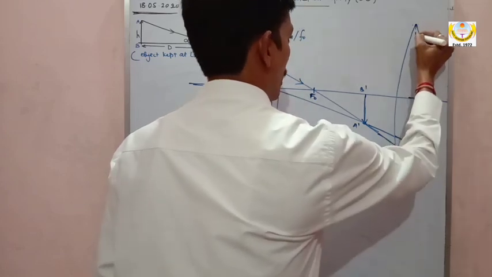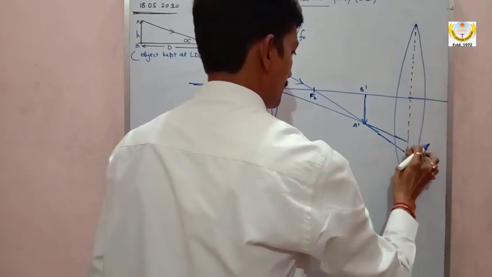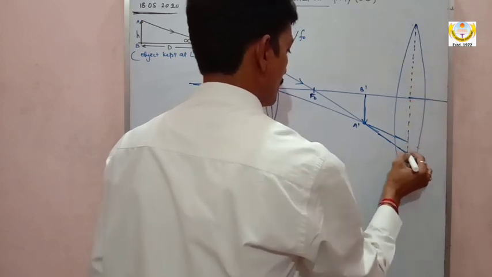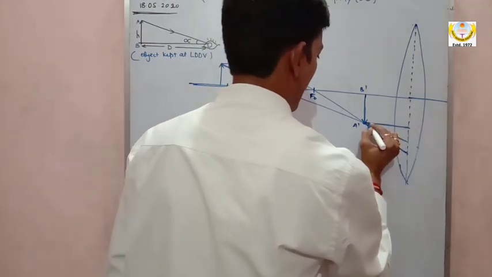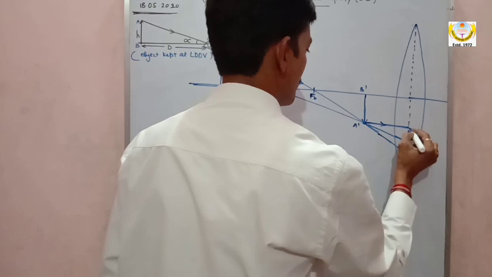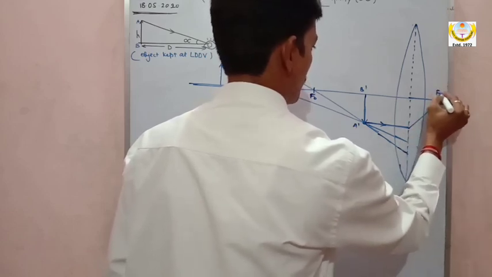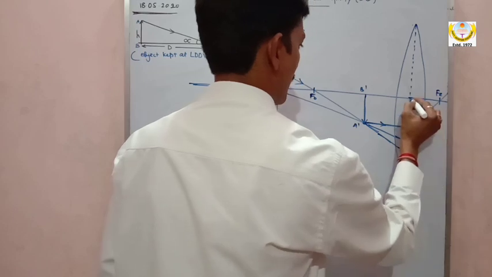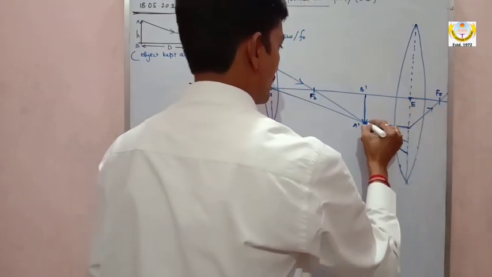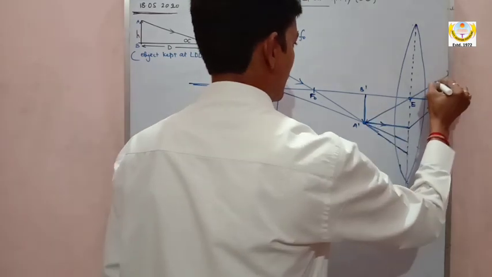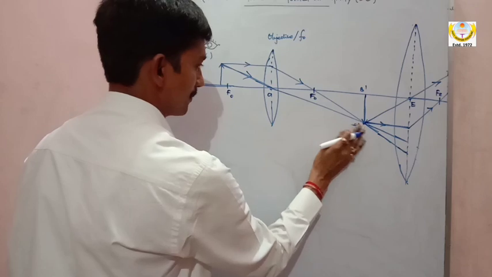Here I have drawn the optic axis for the eyepiece. Here is the ray going parallel to the principal axis, and then it will pass through the focus FE. This is E. One ray will pass through the optical center like this, and all these rays will come here.